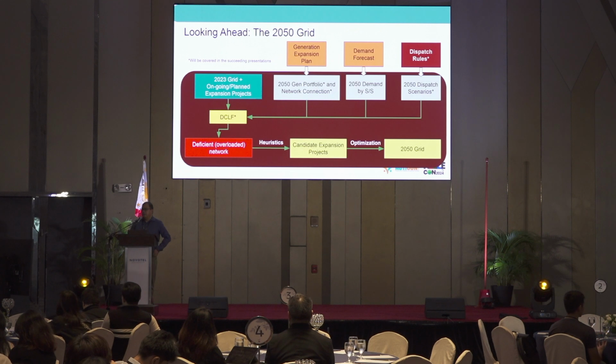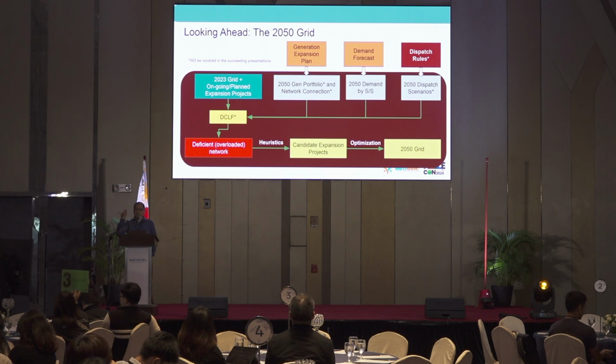And then we are conducting capacity building with the personnel of DOE and TRANSCO such that from 2030 to 2050, they will be the ones who will conduct the staging. So when we say staging, we have to identify what project should come in at specific years. Okay, so this is how we go to the future, how we go to 2050, okay?